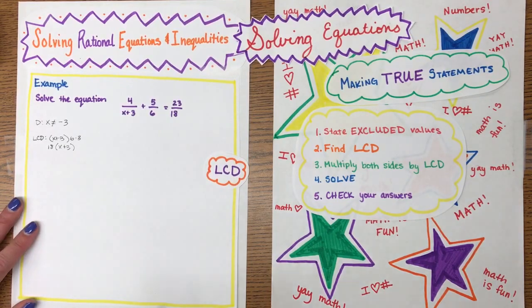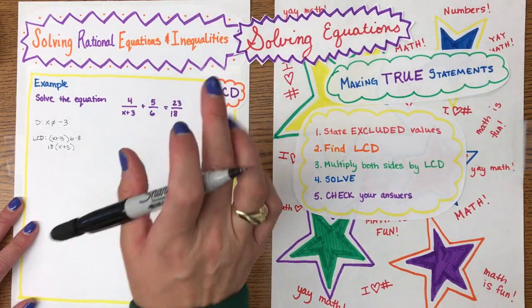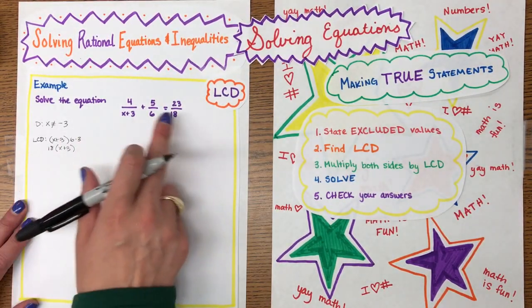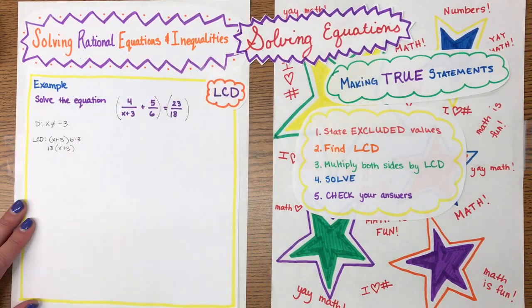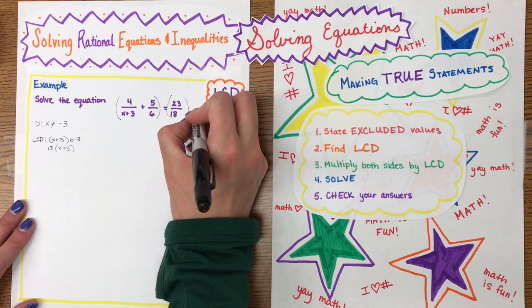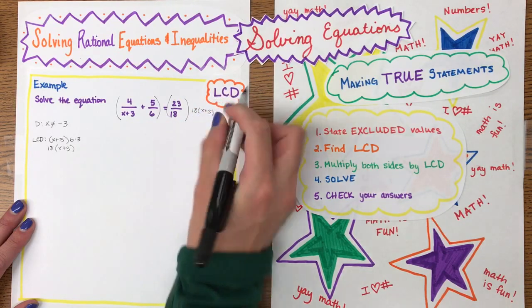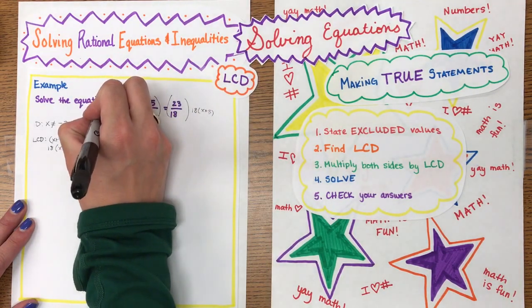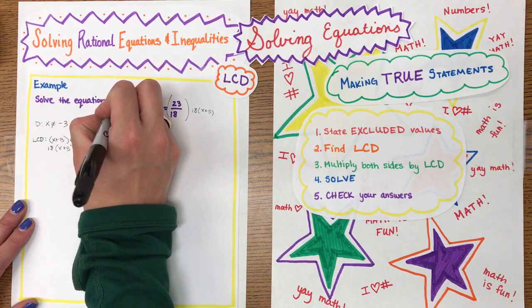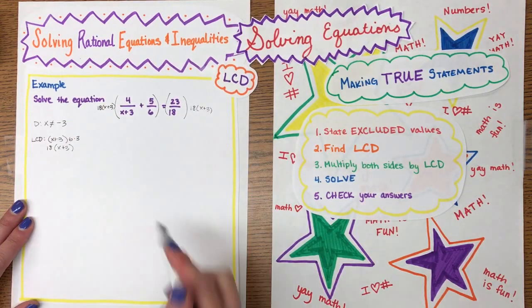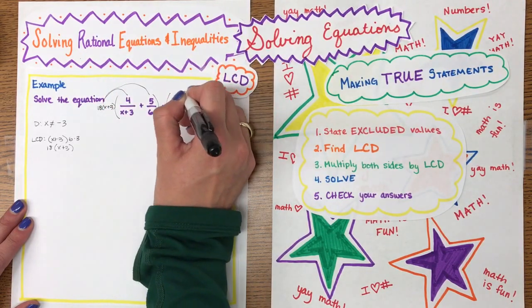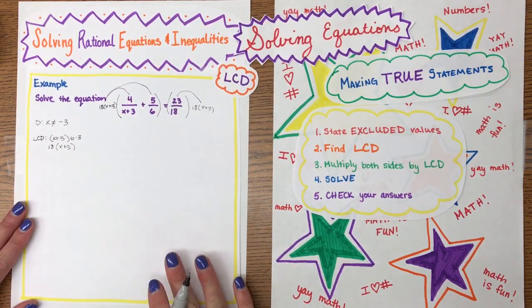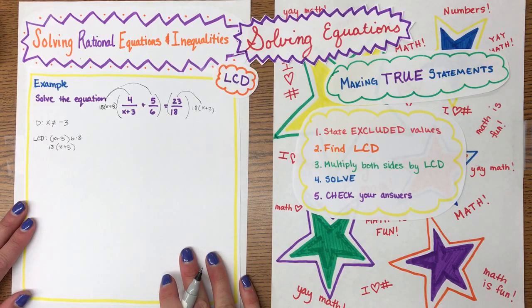So now that I have that least common denominator, I'm going to multiply both sides of my equation by 18 times x plus 3. Both sides get multiplied. That means every term in my equation is going to be multiplied by 18 times x plus 3.